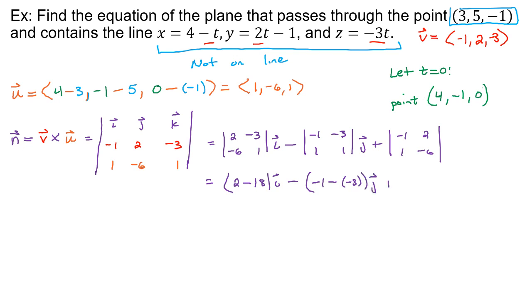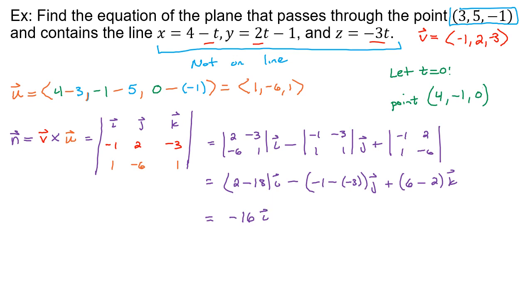And negative 1 times negative 6 is 6, and 2 times 1 is 2. So I'm left with negative 16 i.